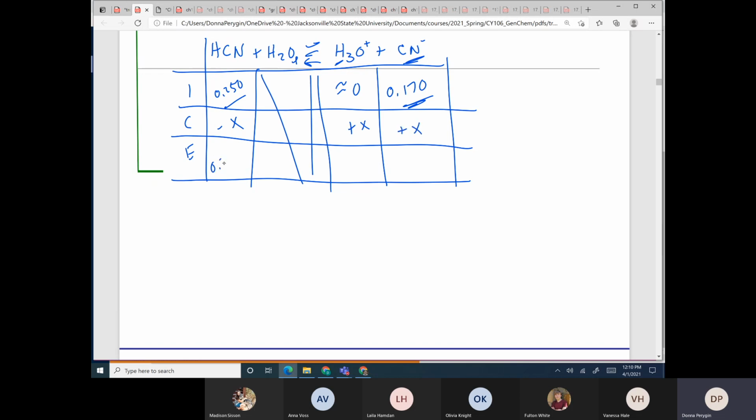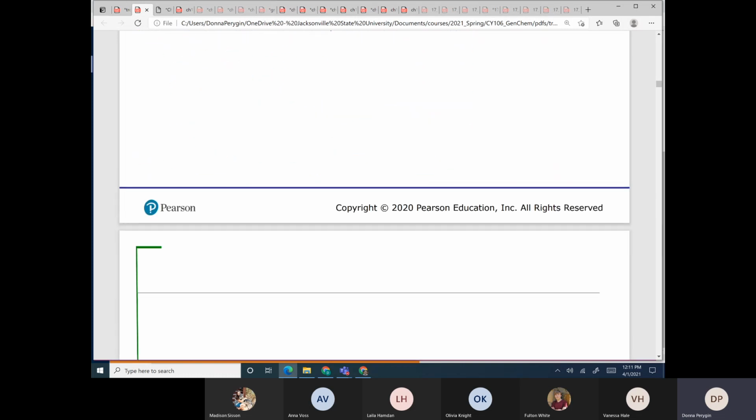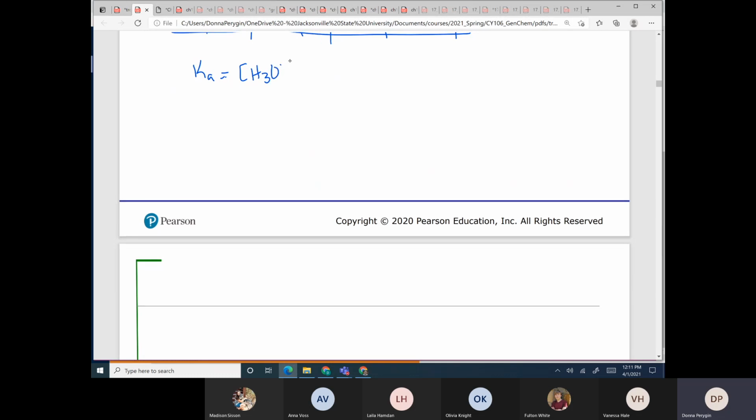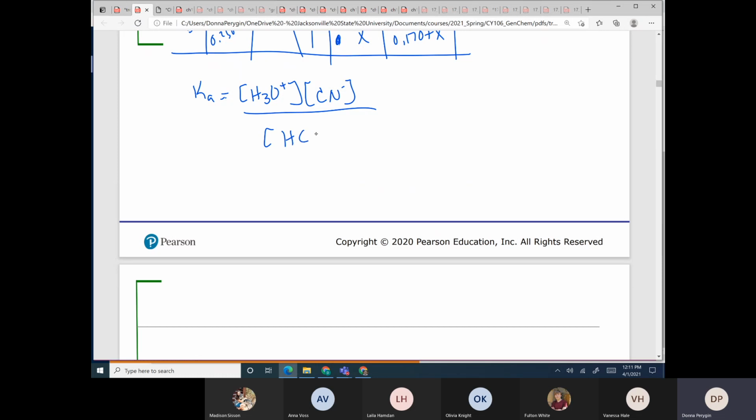Okay, we've got 0.250 minus x. Here we've got x, and here we've got 0.170 plus x. Okay, so set up the equilibrium expression. We were given both the Ka and the pKa, which we will need. Ka equals H3O plus times CN minus over HCN.